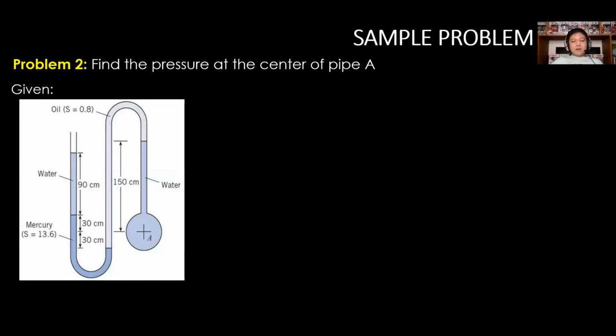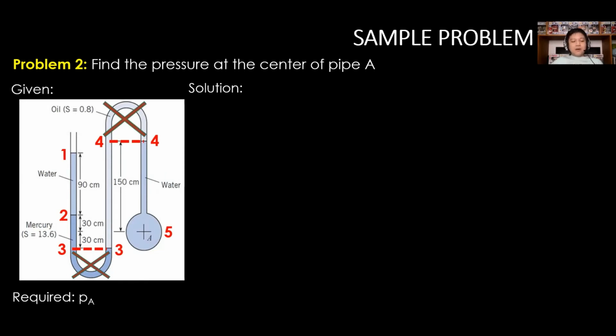Next, for problem number 2, we are given an open type manometer. The requirement is the pressure at the center of the pipe, or point A. For the solution, number in series starting at the free end until point A. Identify points with same pressure and eliminate the portion with same fluid pressure impact.